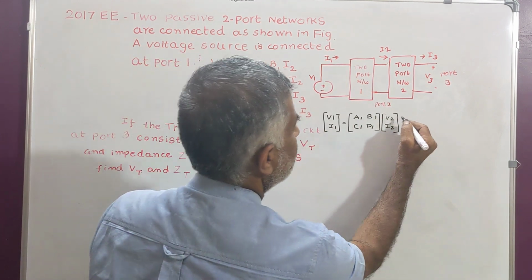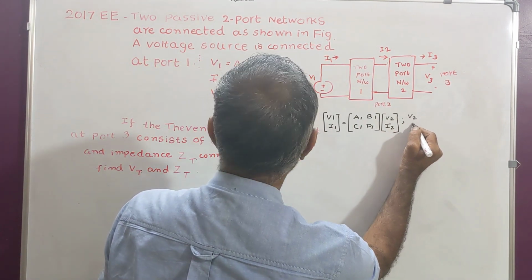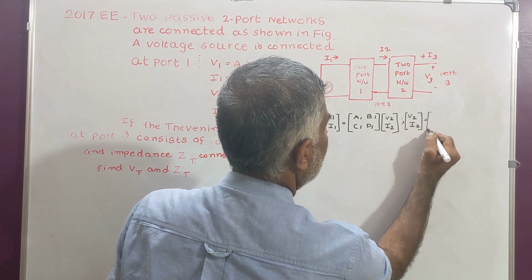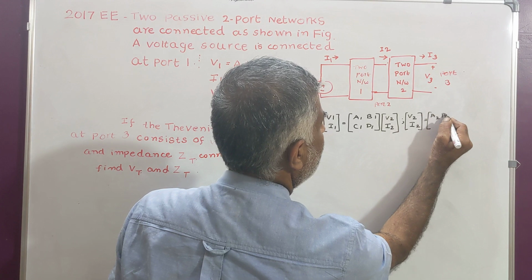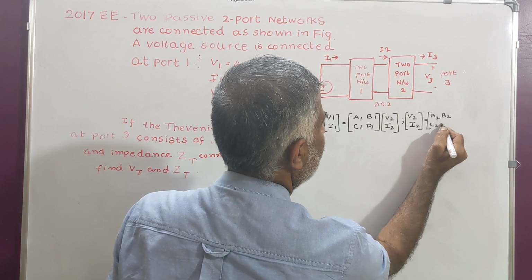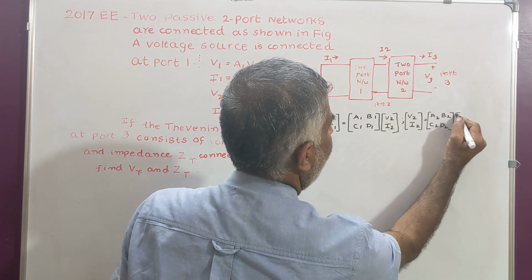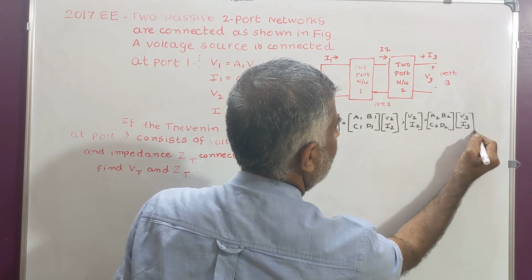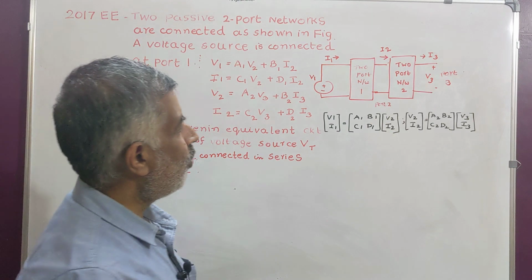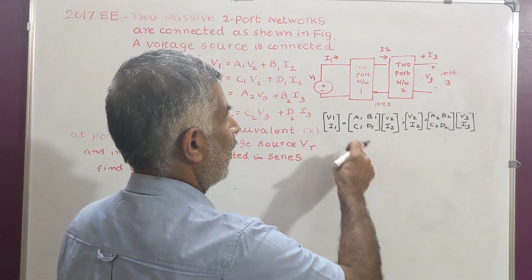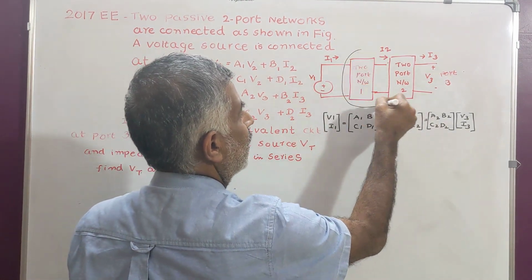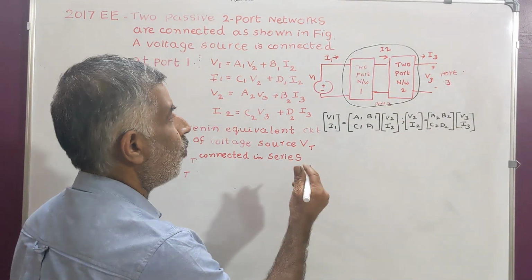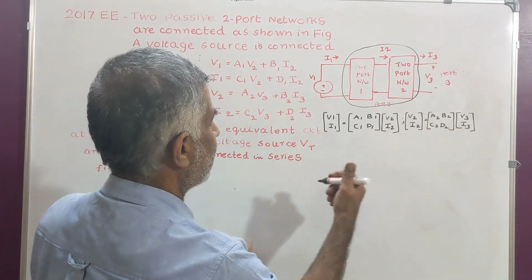Next, equations: [V2 I2] is equal to [A2 B2; C2 D2] times [V3 I3]. Now, for the connection, what is the equivalent matrix equation? Now, matrix multiplication.